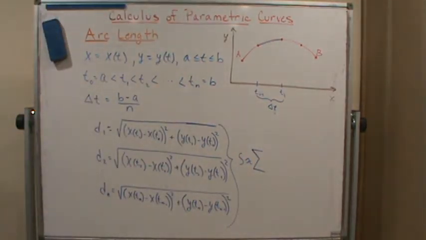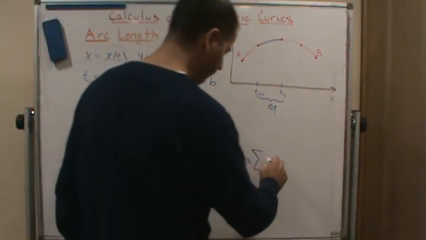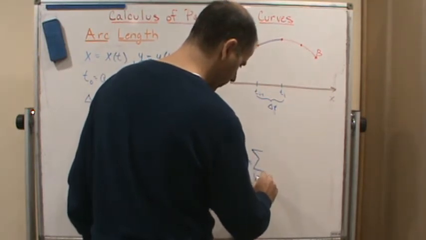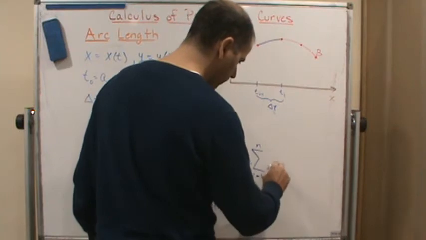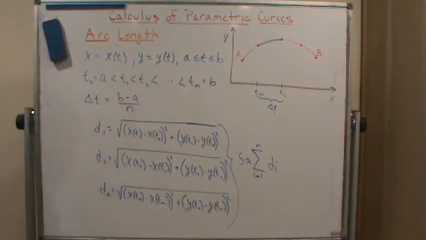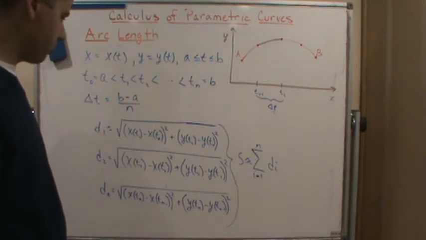The arc length S is approximated by the summation of these distances, for i equals 1 to n of d sub i. So far so good.